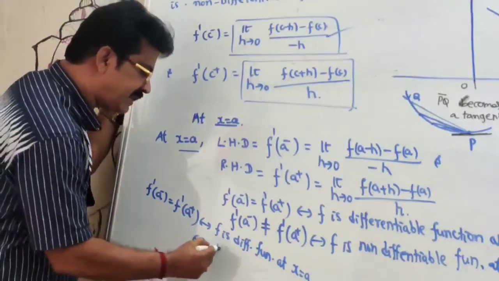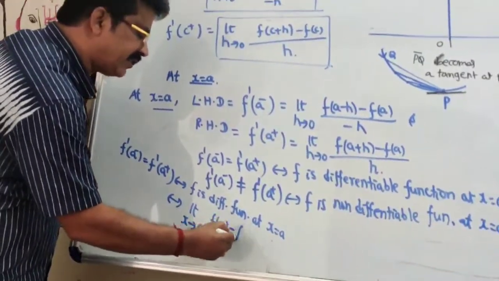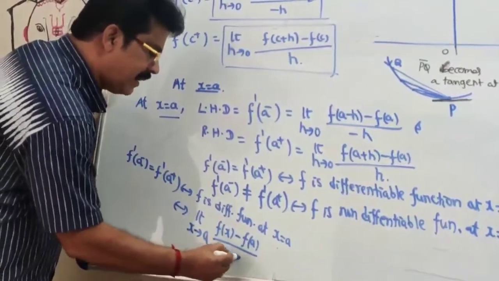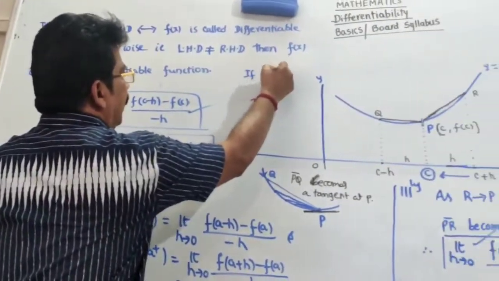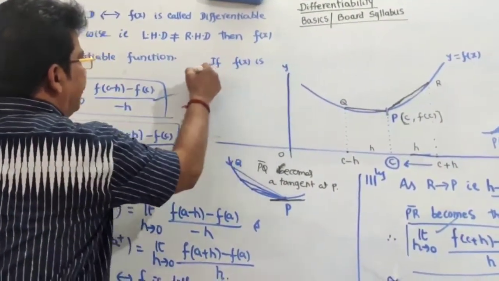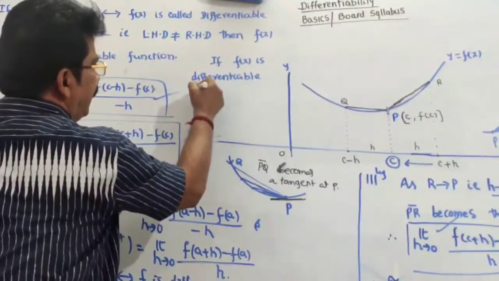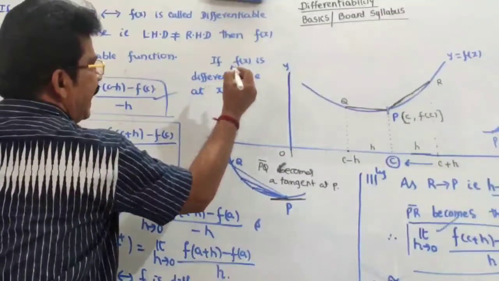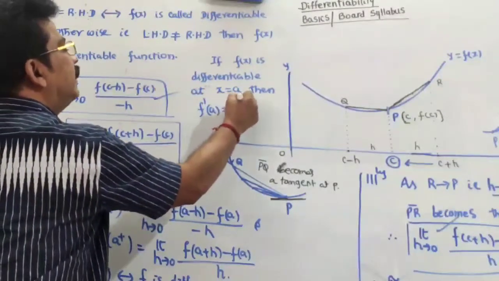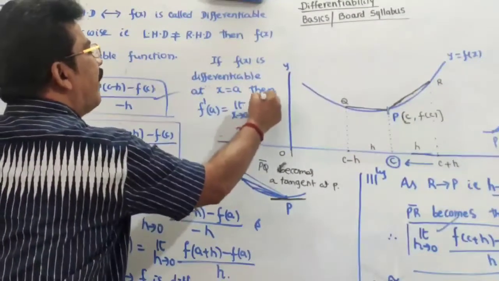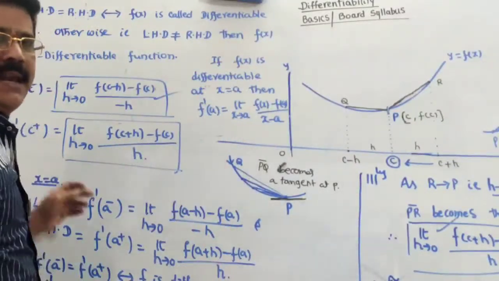Then that implies, if f of x is differentiable at x equals a, then f dash of a is equal to limit x tends to a, f of x minus f of a divided by x minus a.